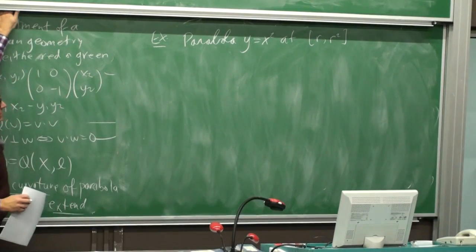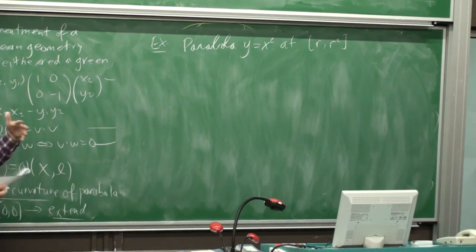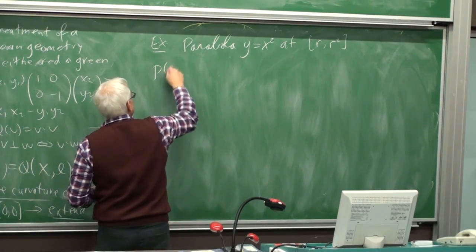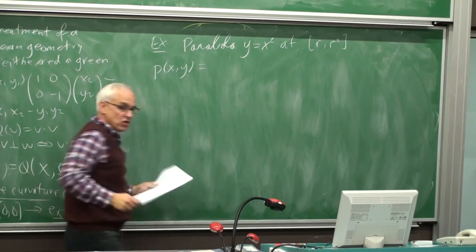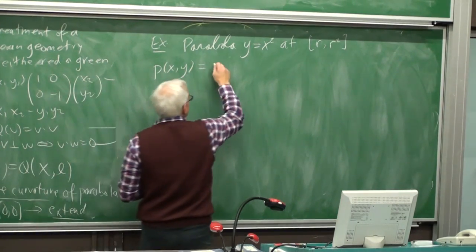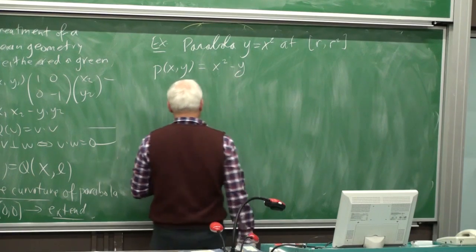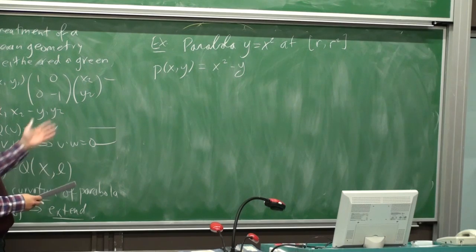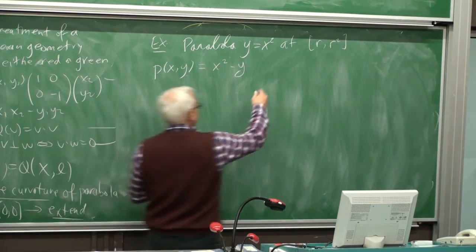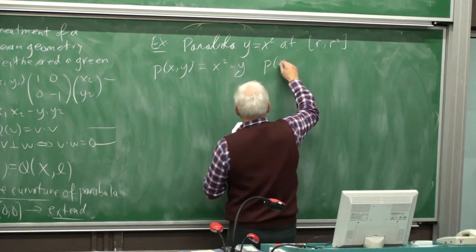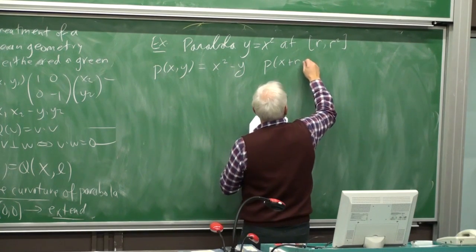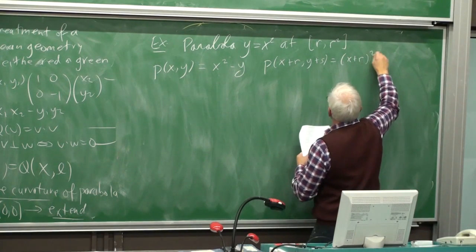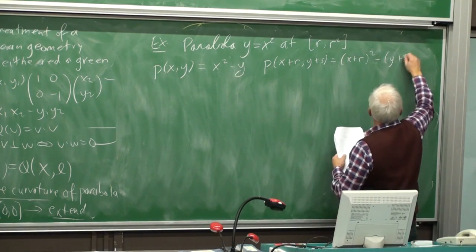And I'm going to treat it as a general algebraic curve, even though, of course, it's a rather special example. So let's think of it as an algebraic curve, defined as a function of two variables, say p = x squared minus y. And so if I'm going to go through the algorithm that I suggested, what we should first do is translate that. So p of x plus r, and maybe y plus s, will be (x plus r) squared minus (y plus s).